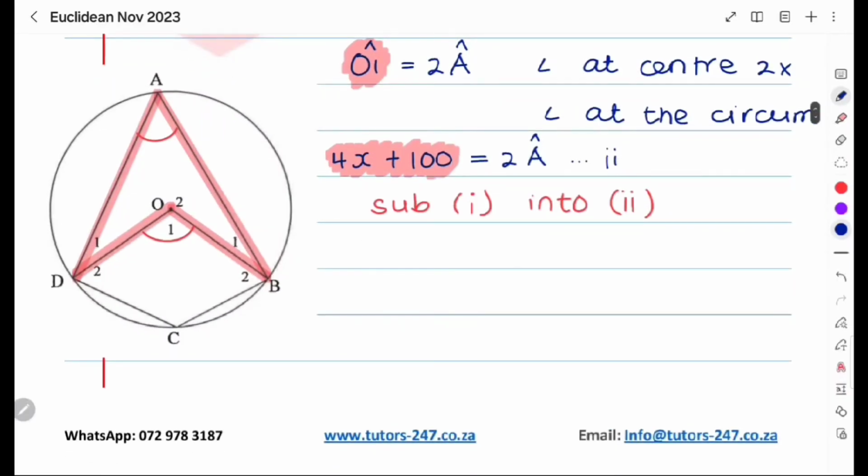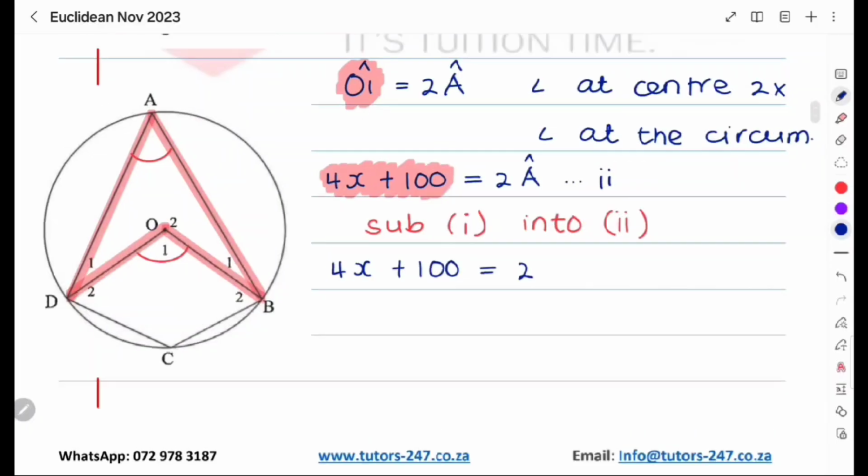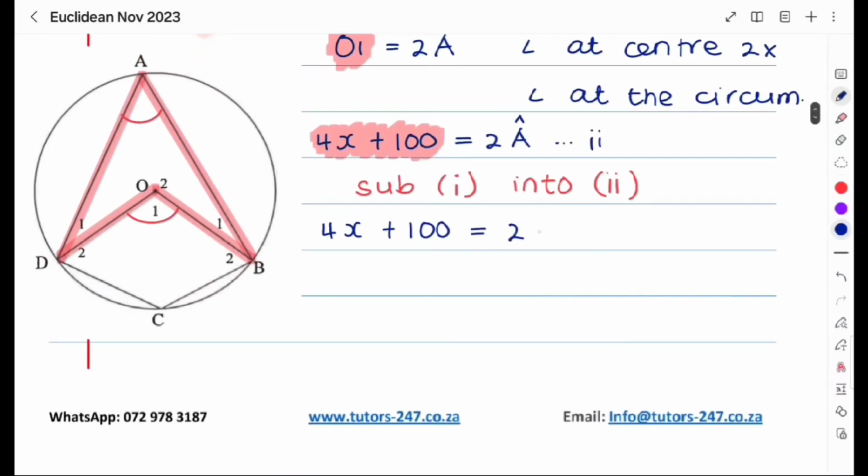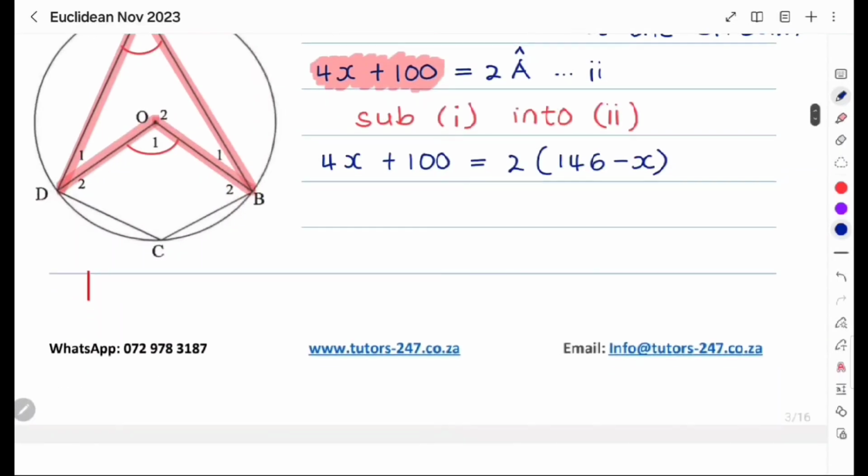So here we have 4x plus 100 is equal to 2 times angle A, which is 146 minus x. We can then distribute into the bracket. We can move everything that has x to the left and everything that does not have x, so everything that is a constant, to the right.